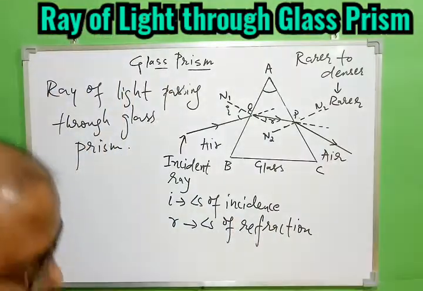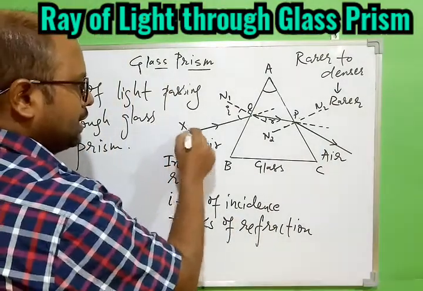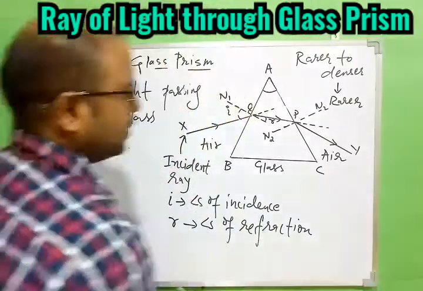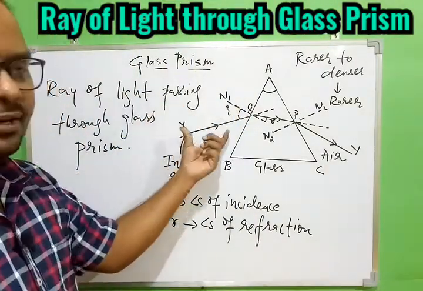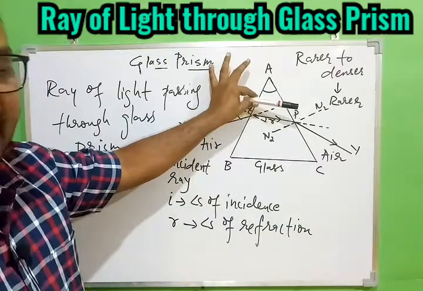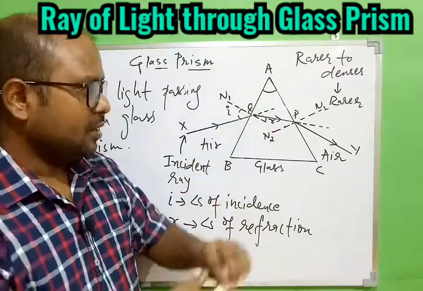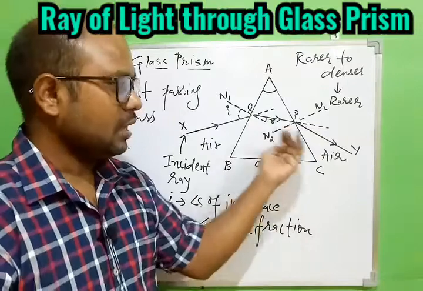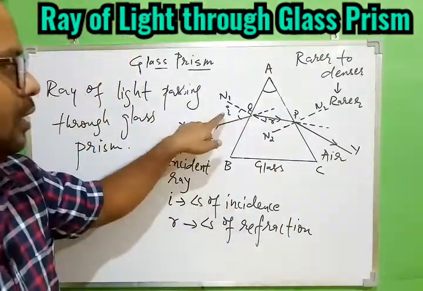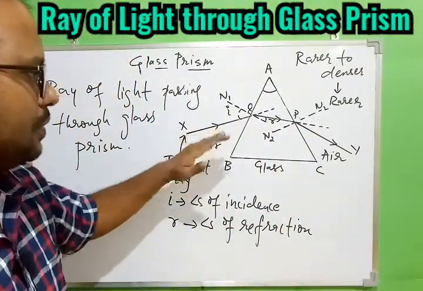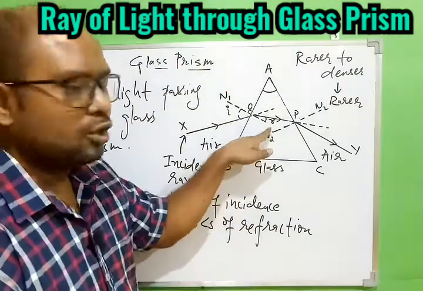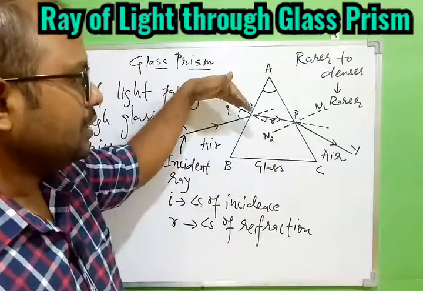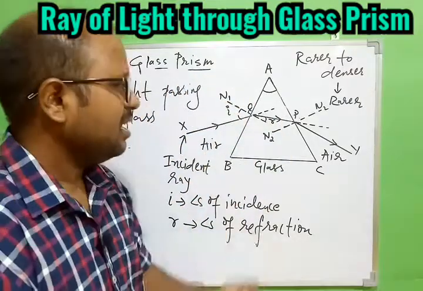If I give the name XY, we can see here X to O is the incident ray, O to P is the refracted ray, and PY is the emergent ray. The angle of incidence, here I, is between the incident ray and the normal one. The angle of refraction is between the normal one and the refracted ray.